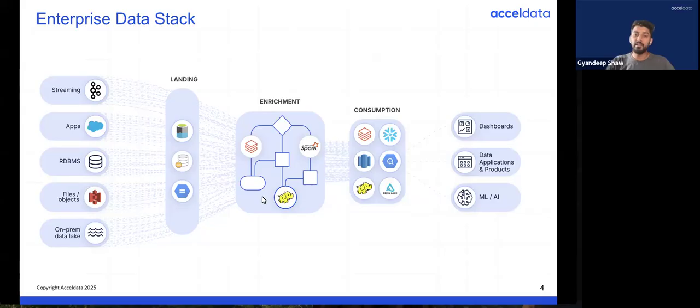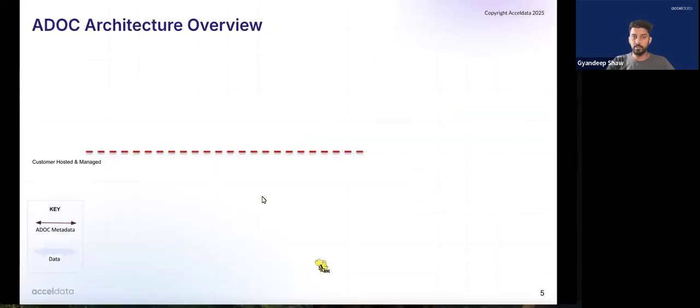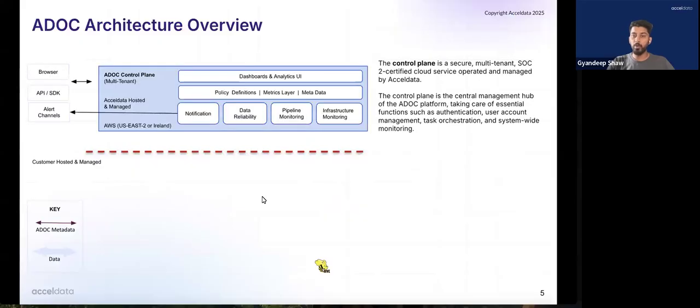My next slide talks about the architecture of the Accelerator product, where there are two parts. Number one is the control plane, which is hosted on the AWS cloud and is a multi-tenant SaaS platform, where the UI of the product is hosted. The user uses the UI to define the policies, and it stores the policy on the control plane.